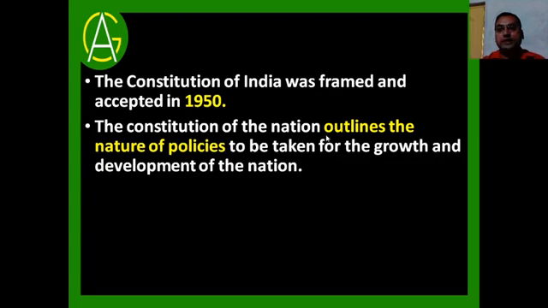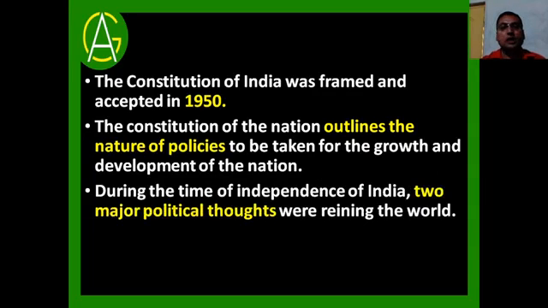Constitution outlines, it means that it describes what kind of steps the government can take for the development of our nation. So once the constitution is finalized, it means the government has got the path of working, and on this particular path the government will prepare several policies for the growth and development of the nation.